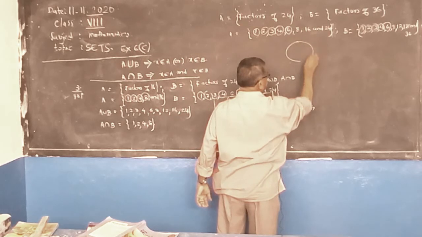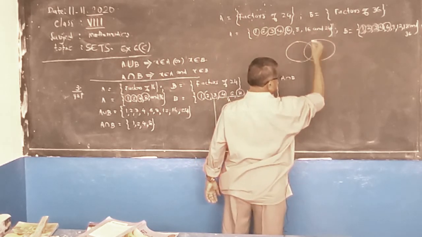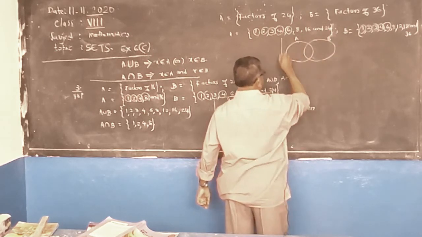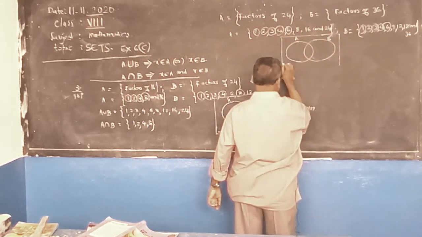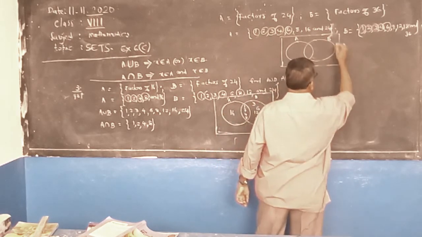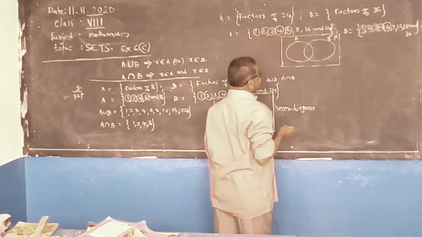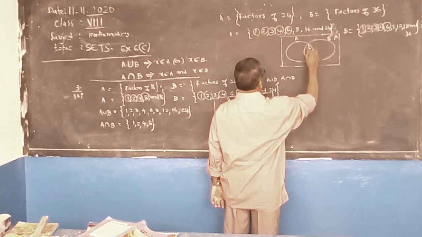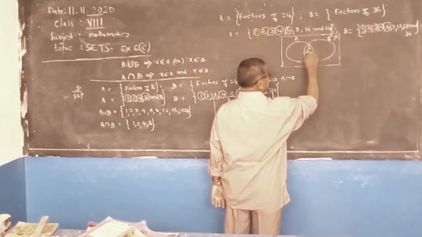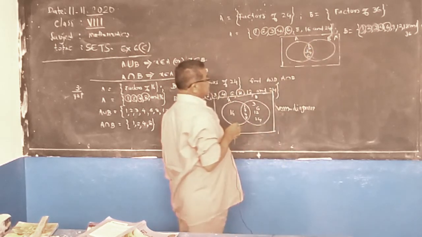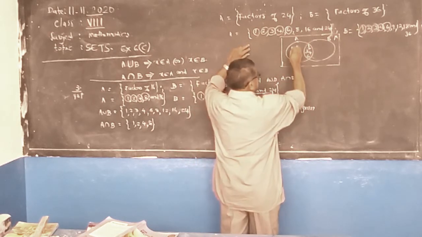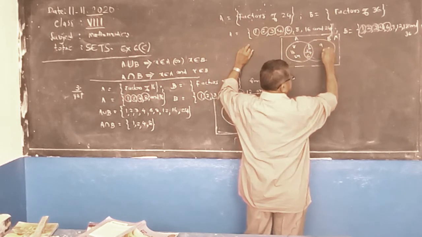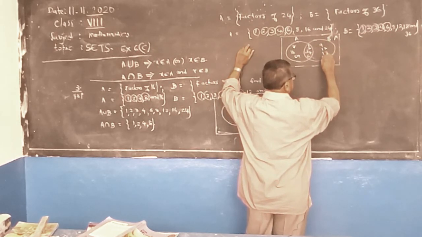And draw circles, set A, set B. Common elements 1, 2, 3, 4, 6. The remaining elements are 8, 12, 24 in A, and the remaining elements 9, 12, 18, 36 in B.